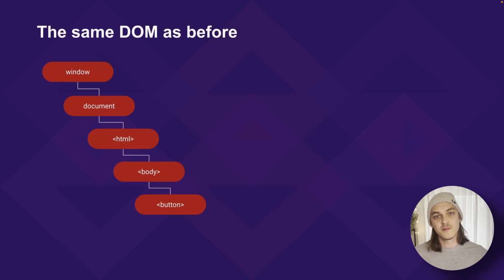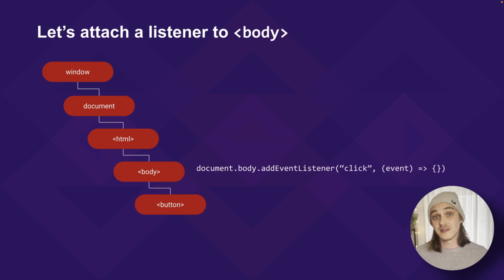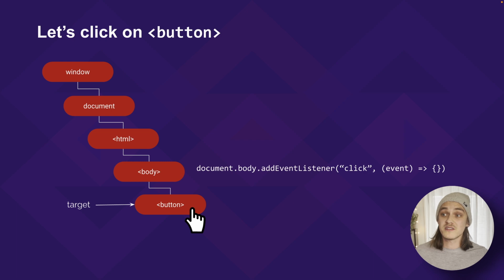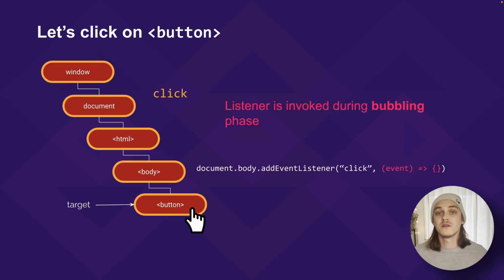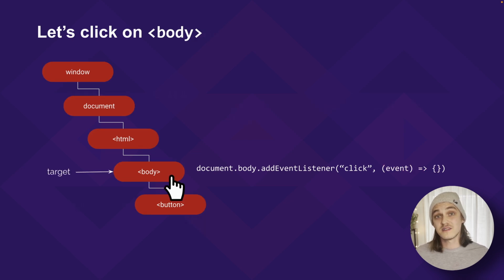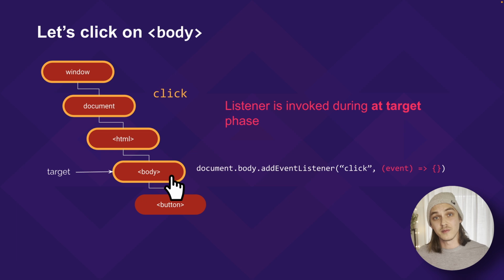We can look at the same DOM as before, and if we attach a listener to our body and click the button, the body will become the ancestor, right? This listener will be invoked during the bubbling phase, once again because we attached it in the default listening mode of bubbling. If we click the body instead, but leave the code intact, it will now be invoked during the at target phase, illustrating the point of it being included no matter what.